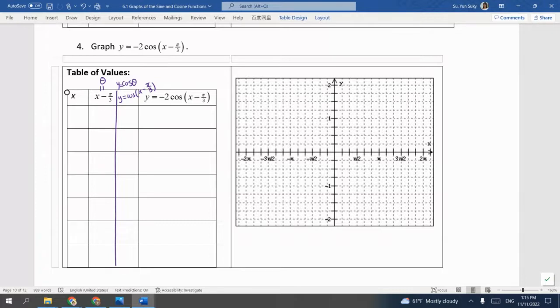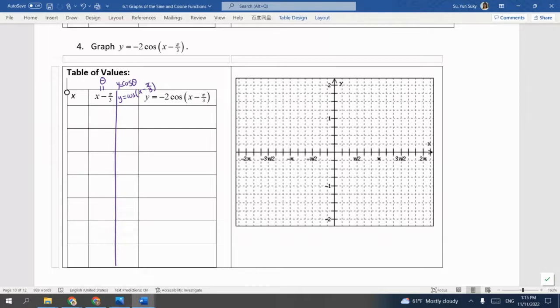The table should have 4 columns. First column is x. Second column, theta. Everybody? Theta is the argument, whatever is inside the trig function. Can you find it on page 10? And then the third column is the trig function of theta.